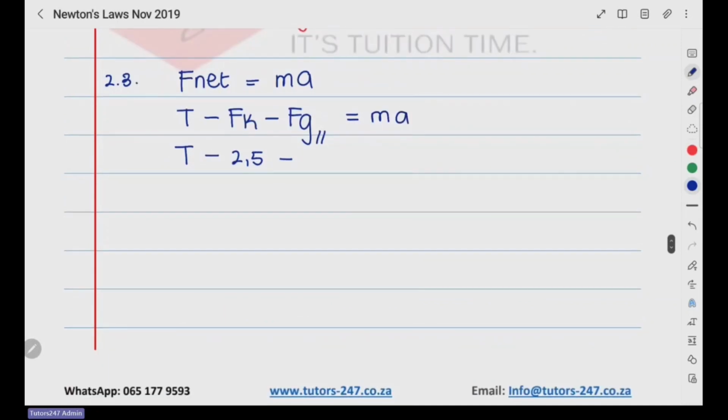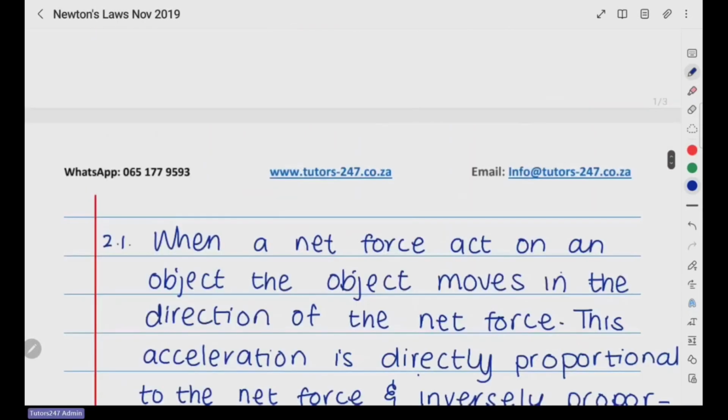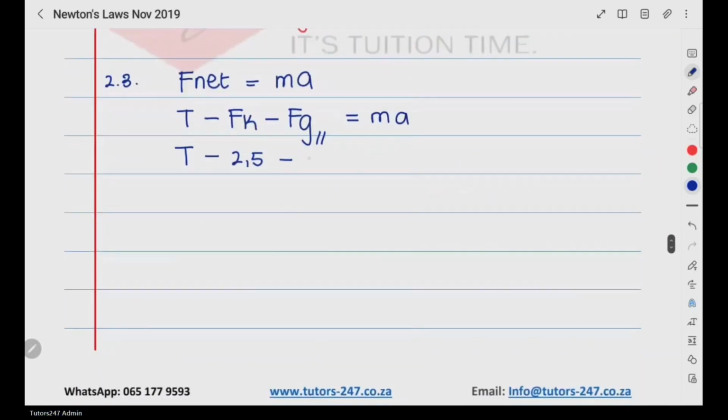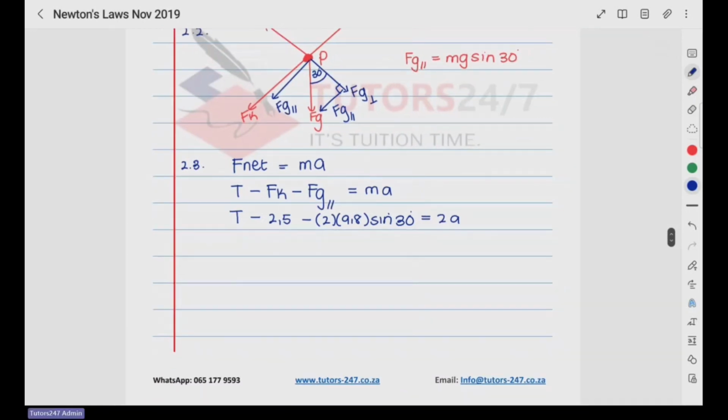So we're going to substitute mass, which is 2 kgs, times g, which is 9.8, times sine of 30 degrees is equal to the mass, which is 2, times acceleration. Now keep in mind, we were told to calculate for acceleration, right? Now, if you notice, we have 2 unknowns.